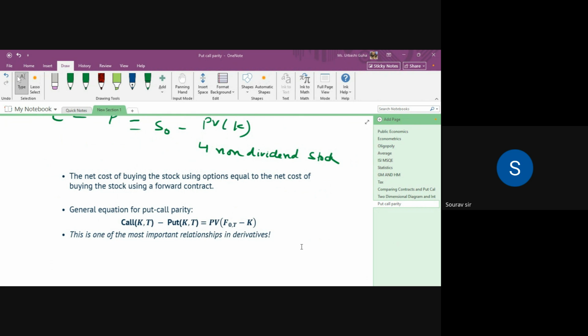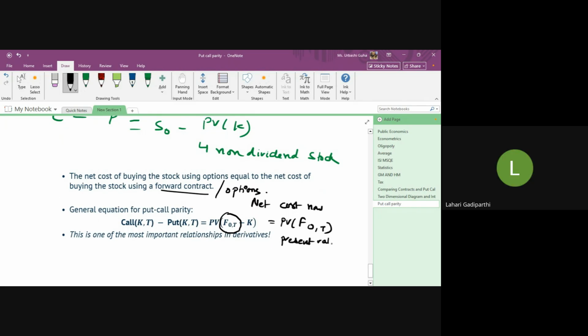The cost of owning a stock can be replicated in two ways: either by a forward contract, or using options. So using a forward contract, you agree today to buy stock at time T for the forward price. This is your forward price. And net cost now will be PV F. Okay. So it's the present value of the forward price.